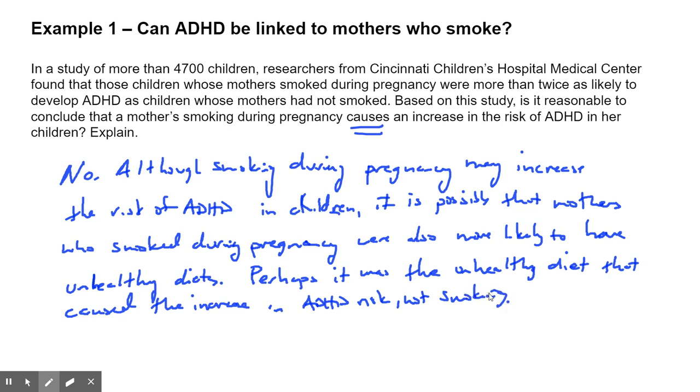This is to illustrate confounding. We do have one variable, smoking during pregnancy, but take another unhealthy choice, like making an unhealthy choice with food. Maybe that could have also caused the increase. So just be aware that in observational studies, we cannot definitively say cause and effect, and explain it in such a way. All right, that's objective one. Objective two is coming up next.